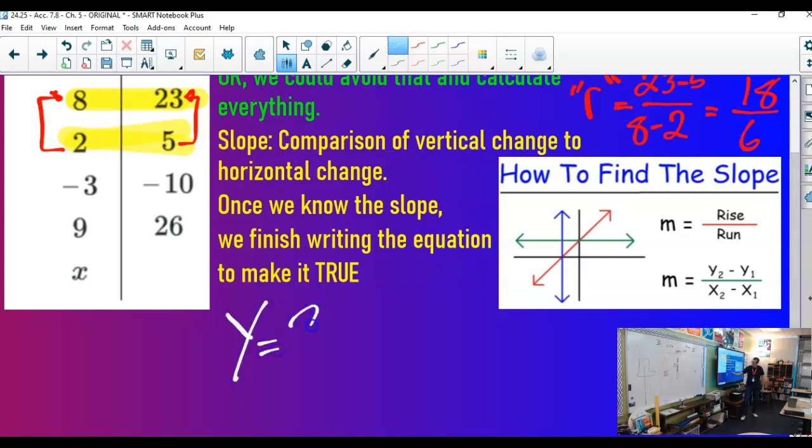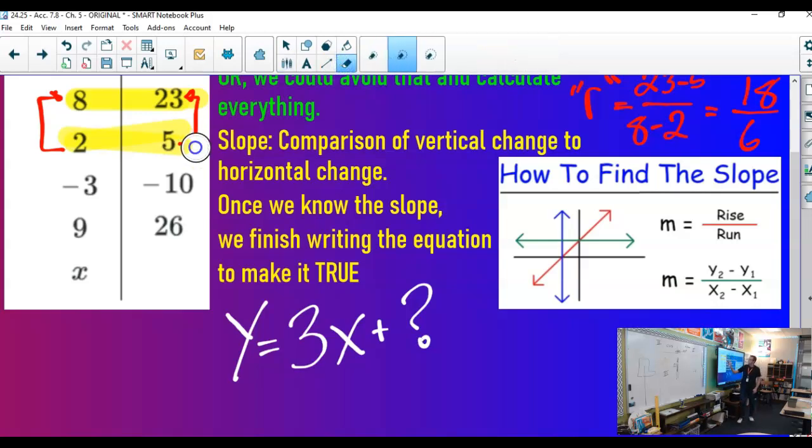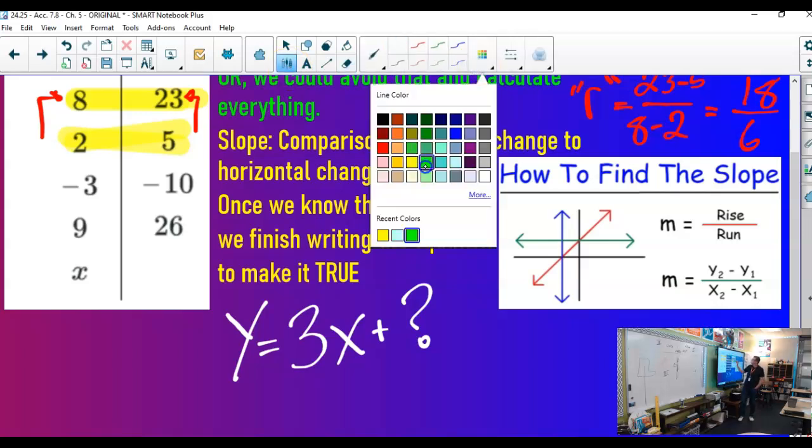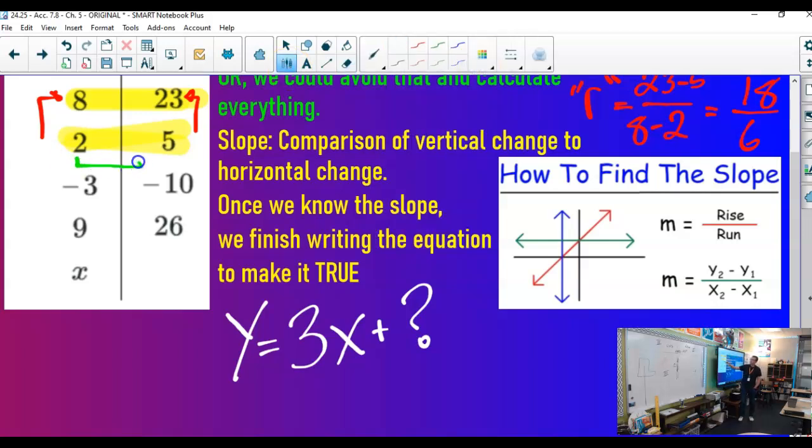So now we can write y equals 3x plus, we don't know. But now, once we know the slope, figure out what makes this true. If I just do 3 times 2, what do I get? 6.